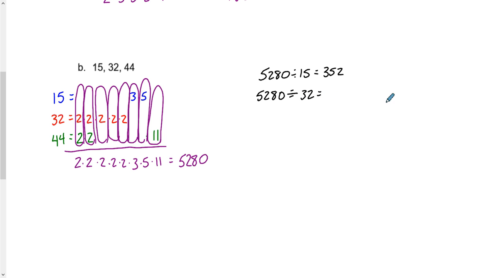And the only reason I'm doing all this division is just to make sure that they are actual multiples, which means that our quotient comes out as a whole number. 5,280 divided by 44. And there we have it.